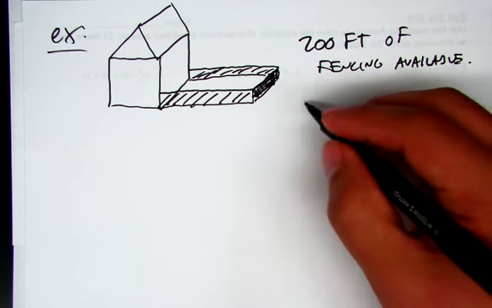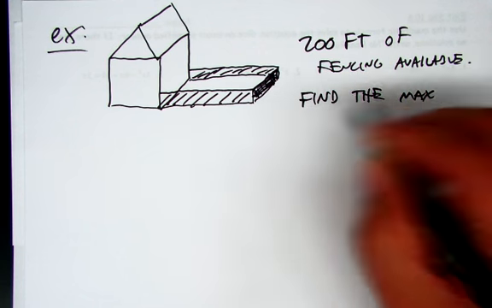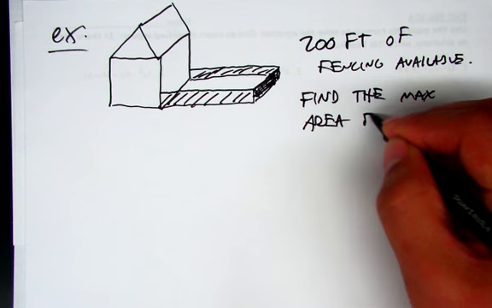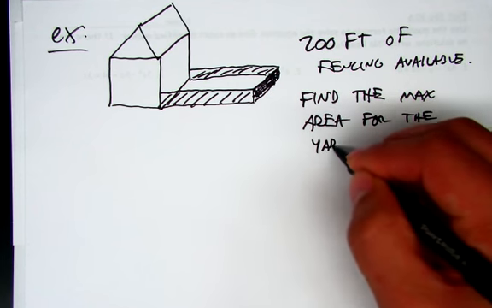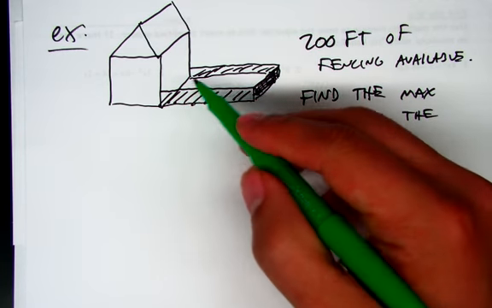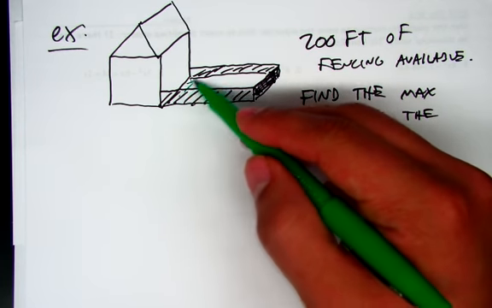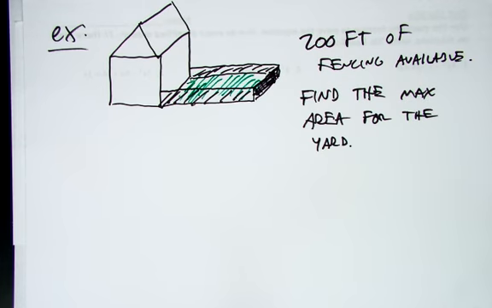We want to find the maximum area for the rectangular yard. So I'll even use green for grass here. Okay.